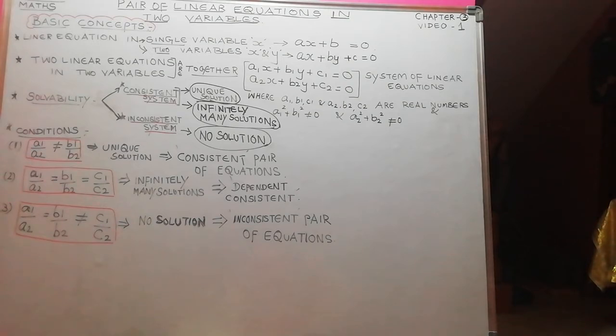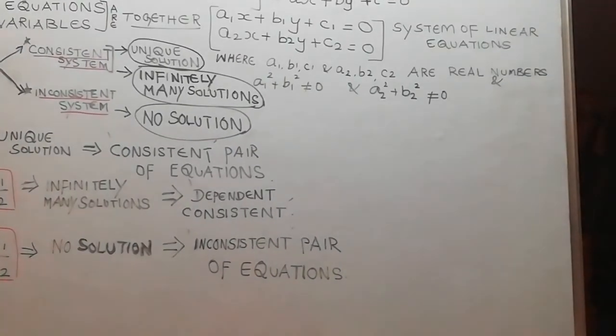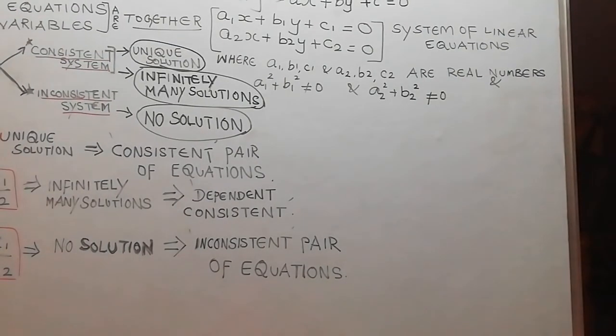Now, based on how to find the solution for this pair of linear equations, the solvability can be divided into two types: consistent system and inconsistent system.